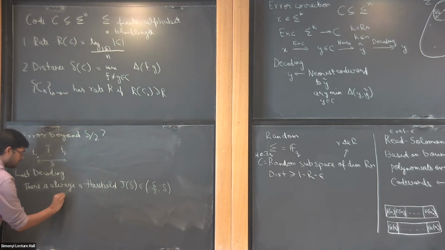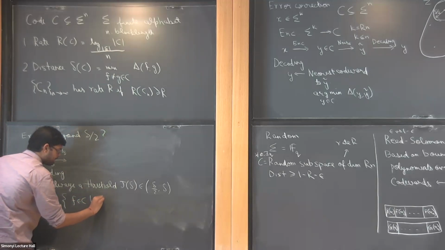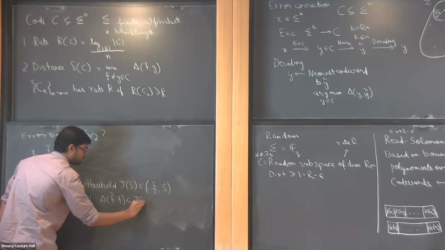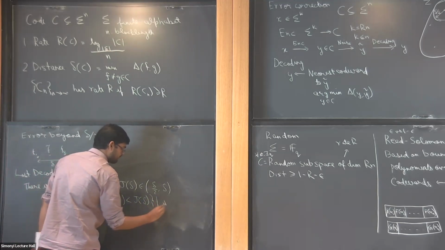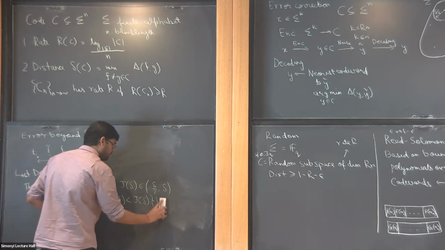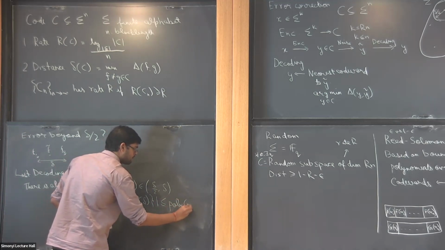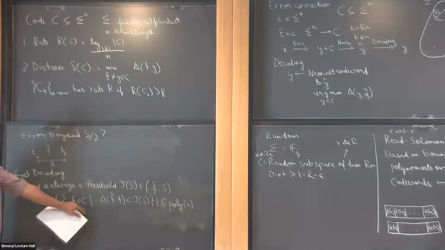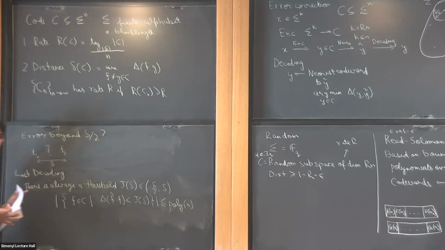Such that if we look at the set of all code words that are close to a particular fixed f tilde, how close? J of delta close.